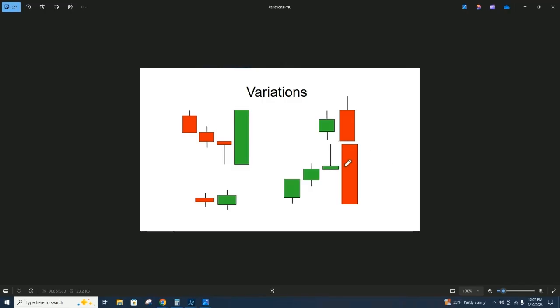Here's another example of a bearish engulfing candle engulfing the prior 3 days of green. Again, it's not the wick, it's the bodies. So these setups can be very powerful. They don't happen all the time, but when you do see these, you need to pay attention to those setups.